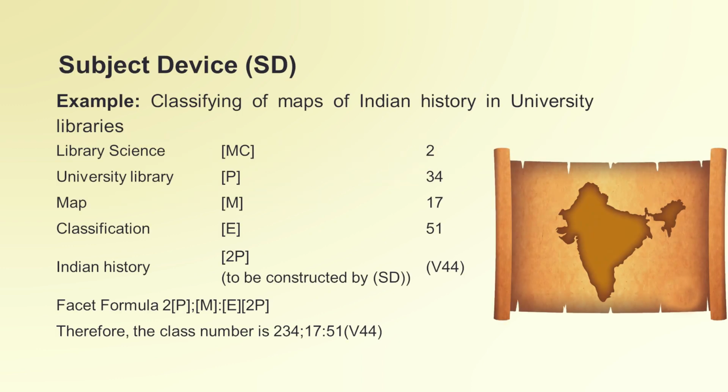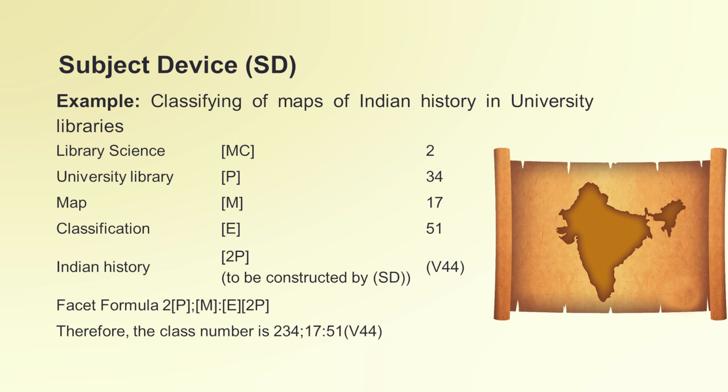Here we present an example, that is classifying of maps of Indian history in university libraries. Here in the second round personality facet, we bring Indian history, and the isolate number for Indian history is to be built with the application of the subject device.